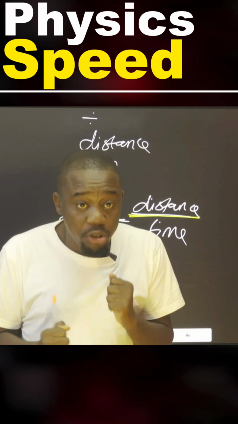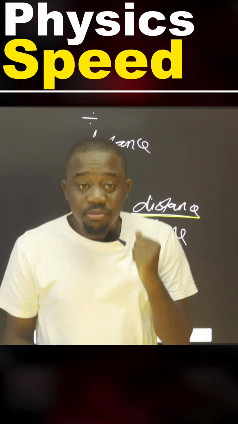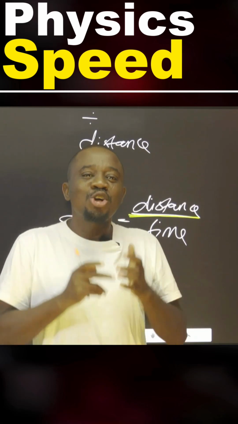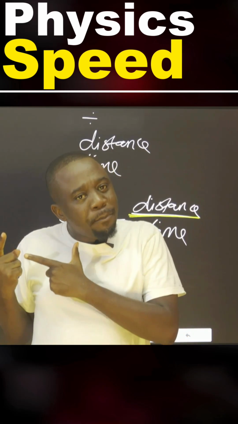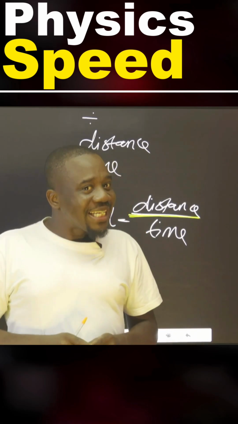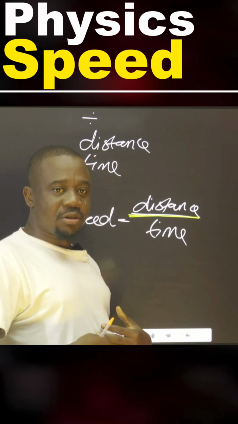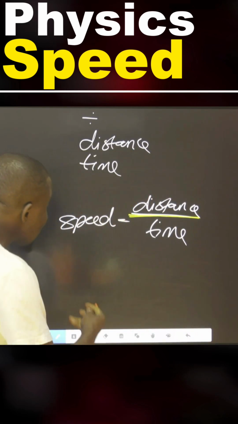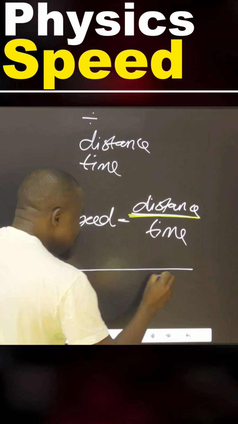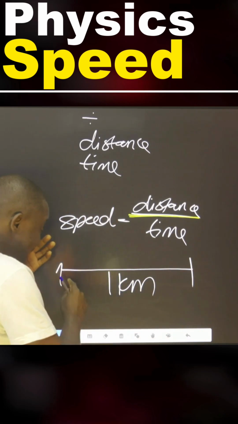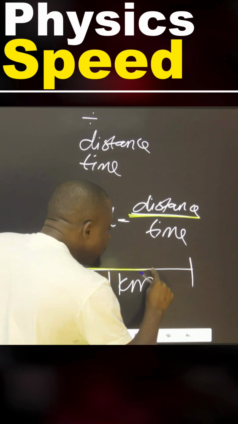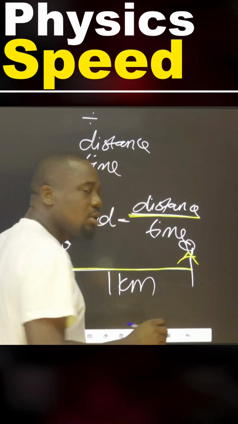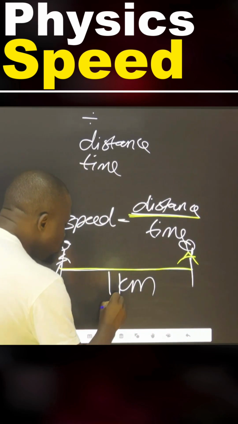Are you Usain Bolt? For me, I cannot run. I'm running very gently. But Usain Bolt, so my speed and Usain Bolt's speed are different. The rate of my change of distance with time is very slow. If this is a distance, say 1 kilometer, the time I will use to move from here to this location might be say 20 minutes.